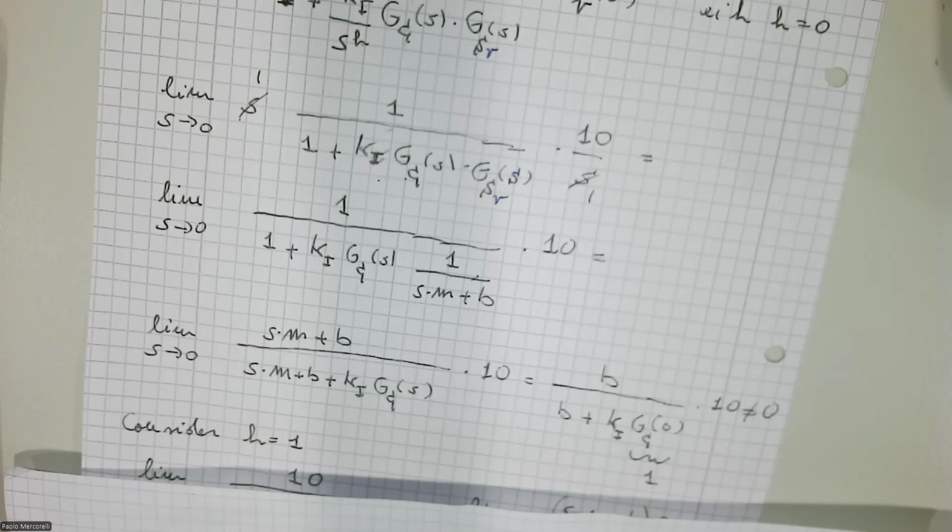Then we will see this implies something in the choice of the controller, but it's not a conservative assumption. We can manage. And then we can see that this is not 0, because b is not 0. It is the friction parameter, physically there because of the losses which I have. Think about it for 1 second.